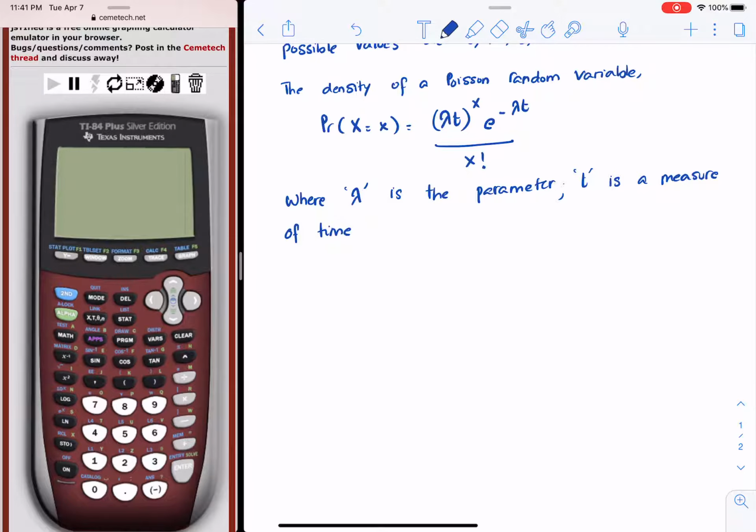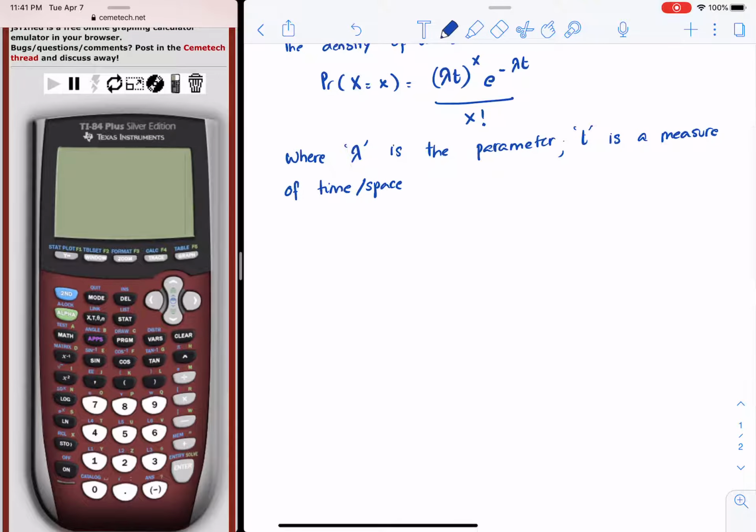Time, it could be a measure of space, it could be area, it could be density, and so forth. So here is an example.